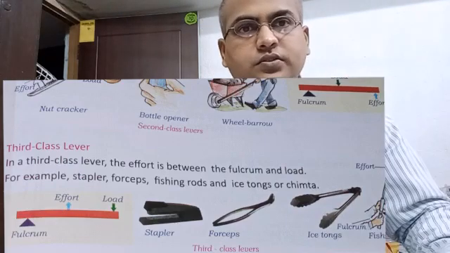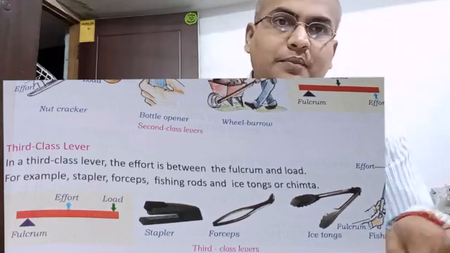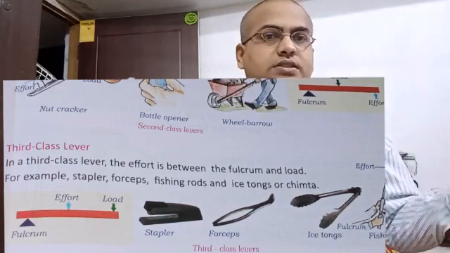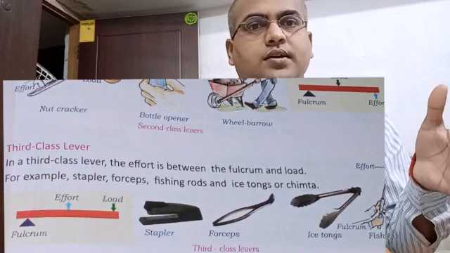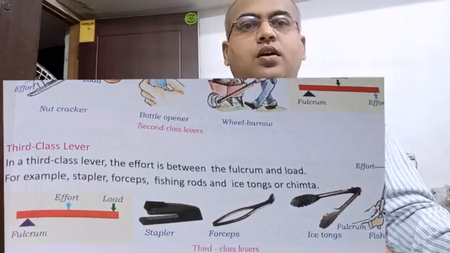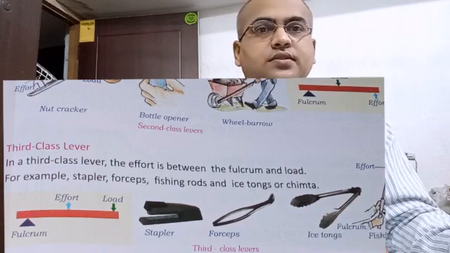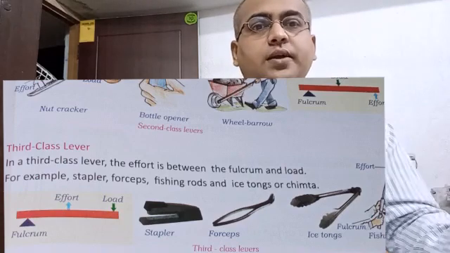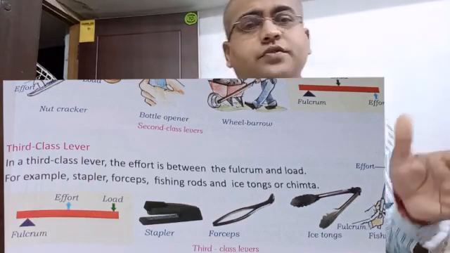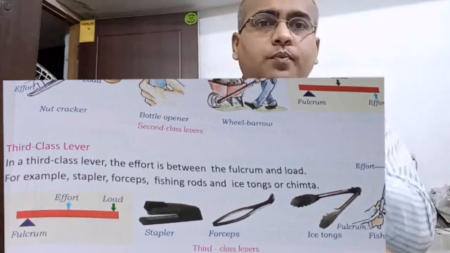Bottle opener also, and wheelbarrow, that is the vehicle to carry waste products. The municipality persons or the people from Nagar Panchayat use this to carry dust or dirty particles from one place to another. That is called a wheelbarrow.